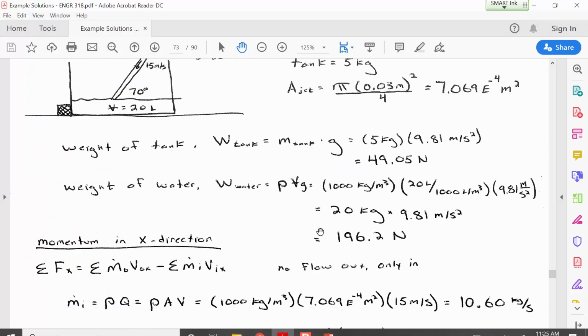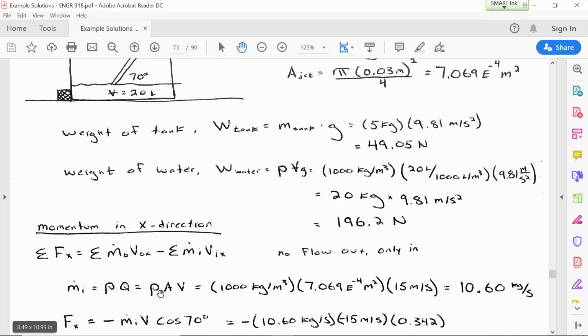So keeping that in mind, you calculate the mass flow rate, 10.6 kilograms per second, and I saw that a lot as I was walking around. And then here for the force in the X direction, there's nothing going out. It's just a tank that's receiving all of the inflow. So we have to retain that negative sign there.